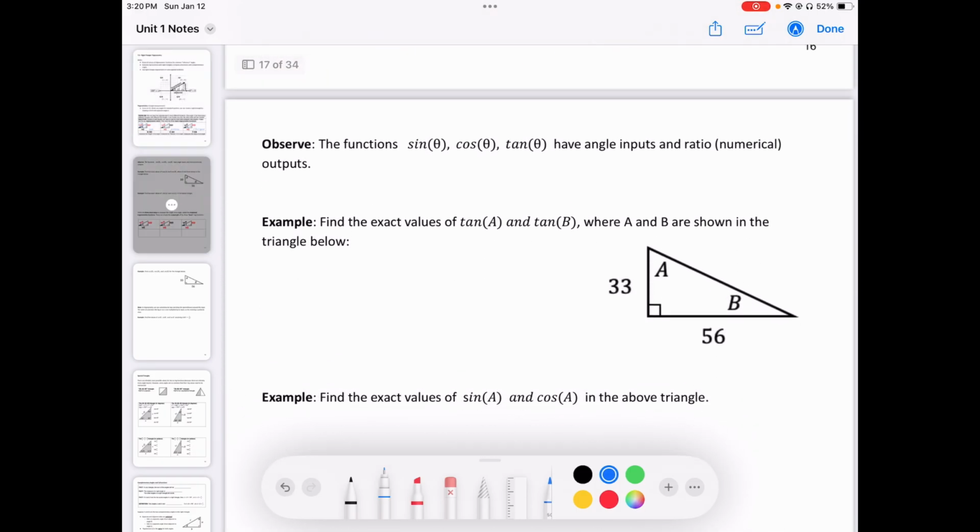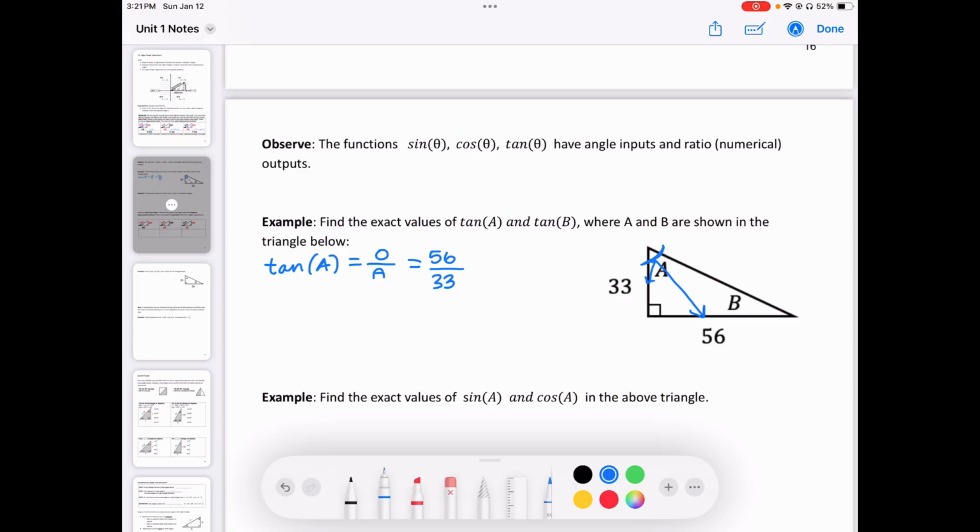So find the exact values of tangent of A and tangent of B, where A and B are shown in the triangle below. If we're interested in tangent of A, tangent of A is opposite over adjacent. So that's going to be this guy, 56, over this guy, 33.